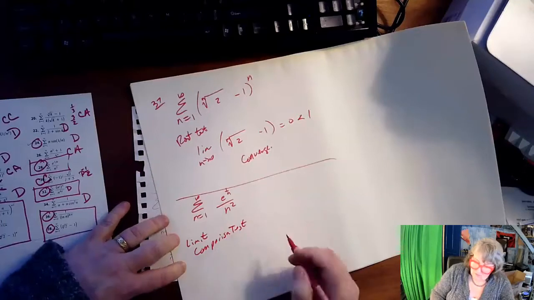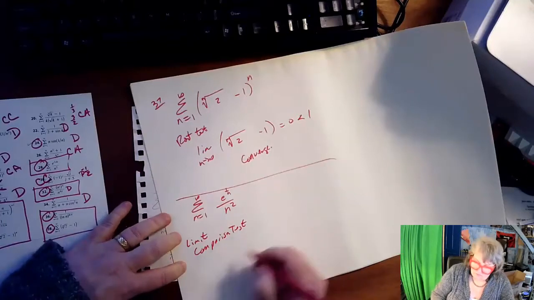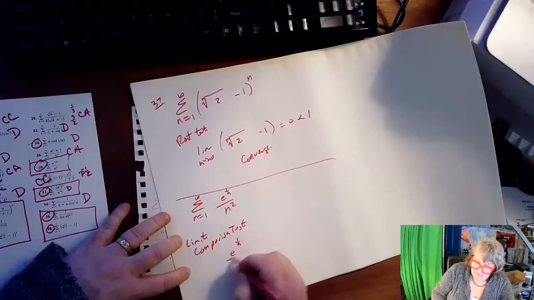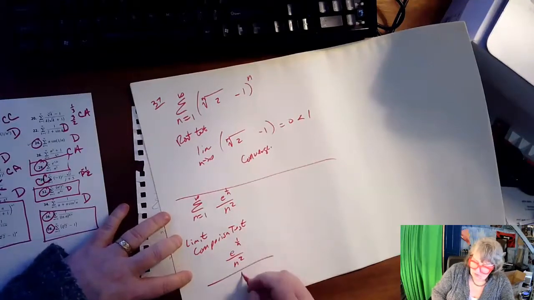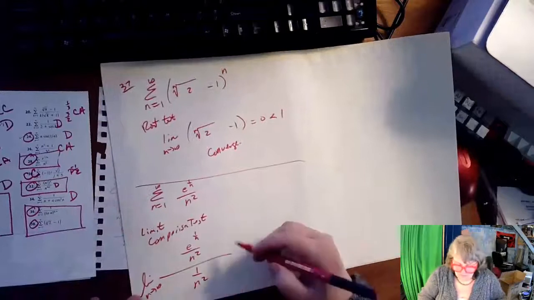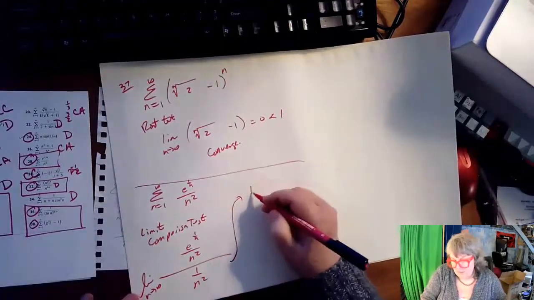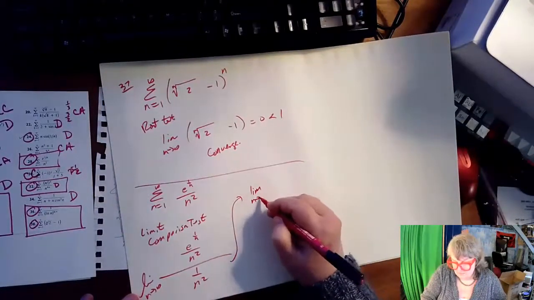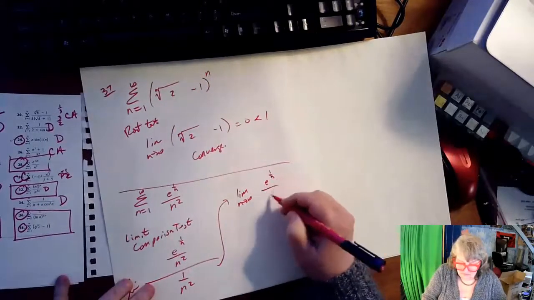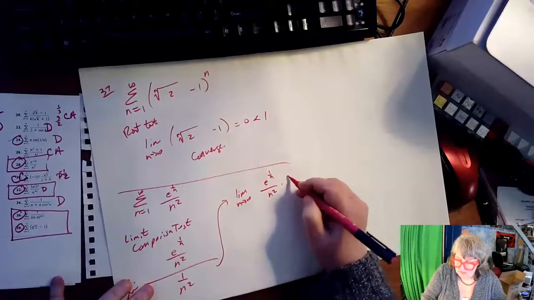And I'm going to pair it with 1 over n squared. So I've got e to the 1 over n all over n squared, divided by 1 over n squared. And this is the limit as n goes to infinity. Do my flippy floppy simplify. And I have e to the 1 over n times n squared over n squared.